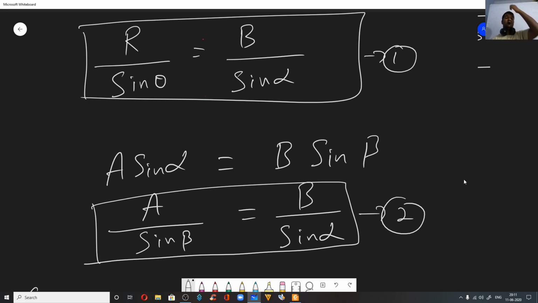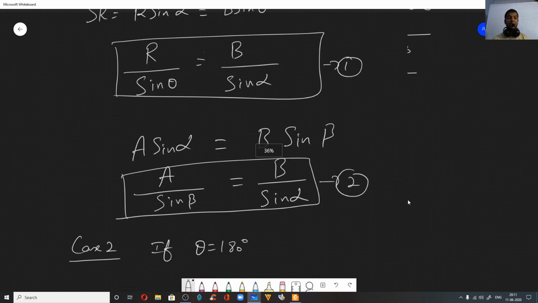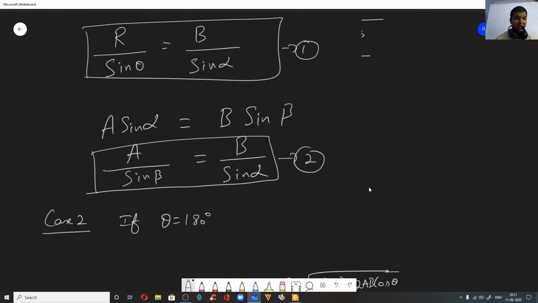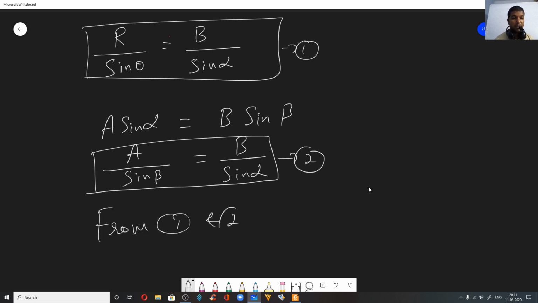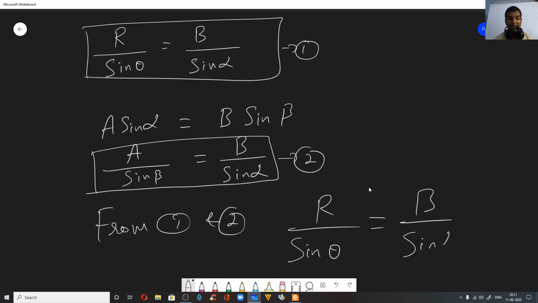So equating them, R by sine theta is equal to B by sine alpha, and from equation 2, B by sine alpha is also equal to A divided by sine beta.